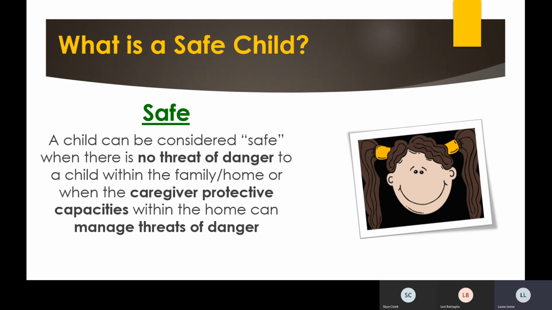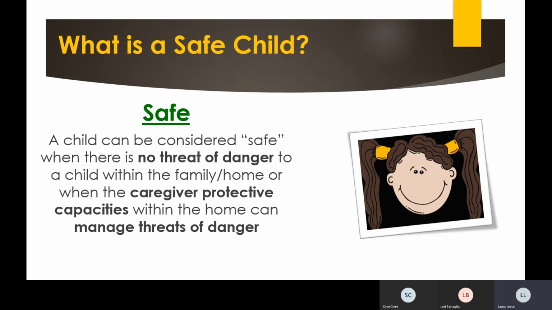So I will give an example. Again, it's not necessarily related to child welfare, but it gives a clear example of a danger threat and protective capacities, or vice versa in our next one, unsafe.